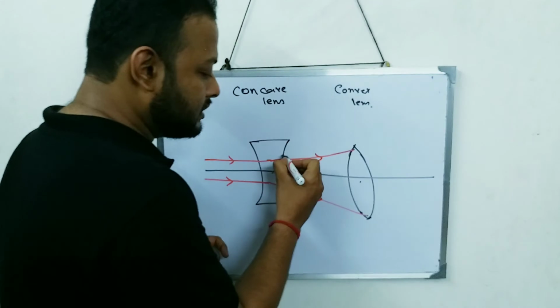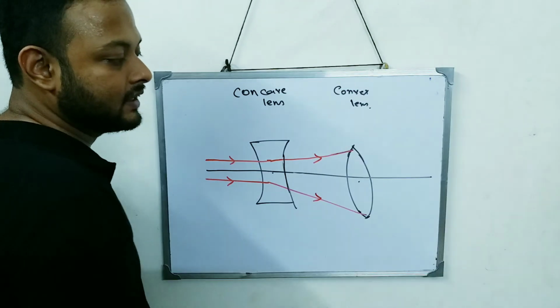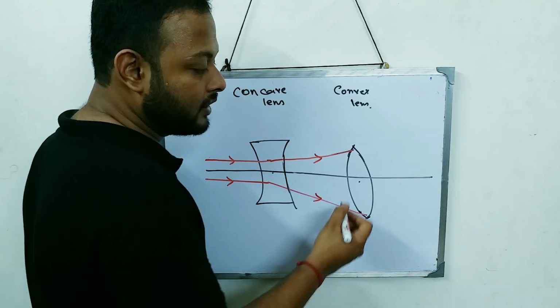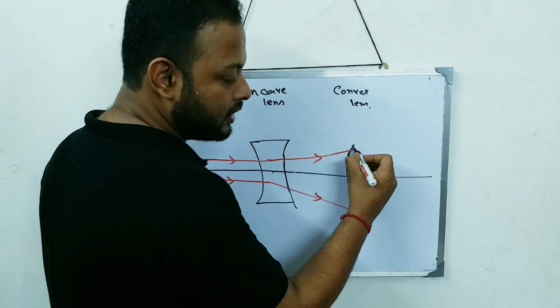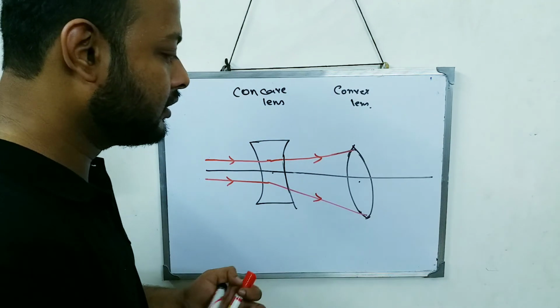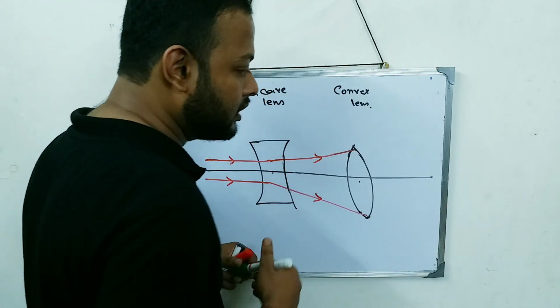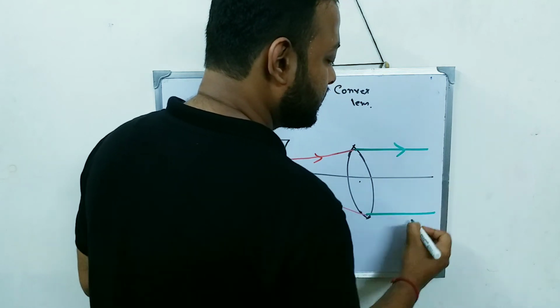Now, as it falls on the convex lens, this diverging ray will converge. From here, the rays will become parallel to the principal axis.